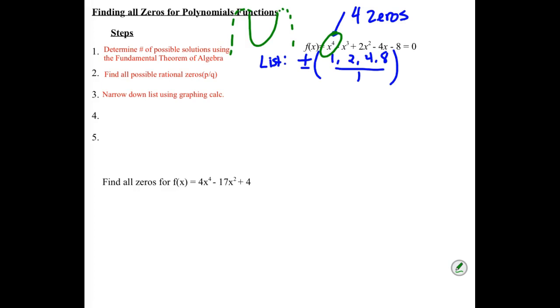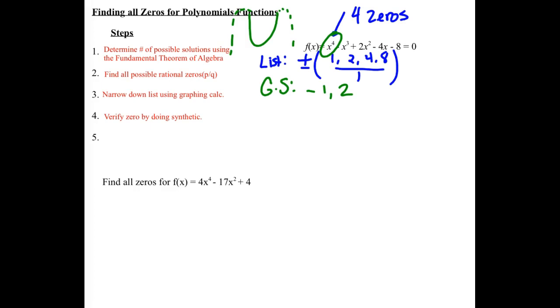Okay? So what did the graph suggest? Was it -1 and +2, or the other way around? -1, +2? Okay. Then our next step, we have to prove that. Because just because the calculator looks like it's hitting at -1, it could be hitting at -0.95.